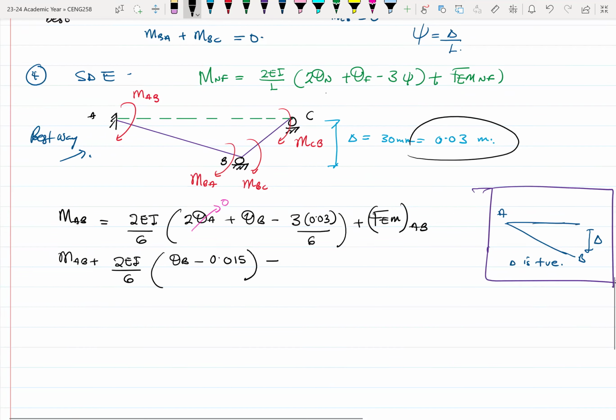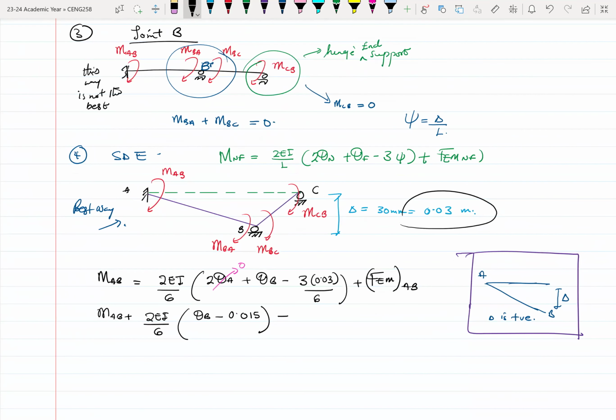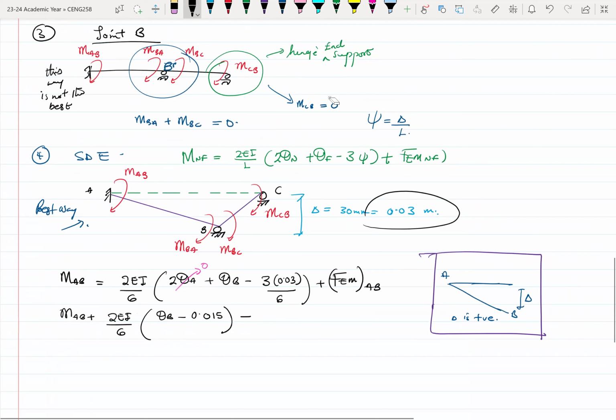Minus. Why minus? Because we are assuming that this MAB here is supposed to be what? All the equations leading to MAB are all clockwise.